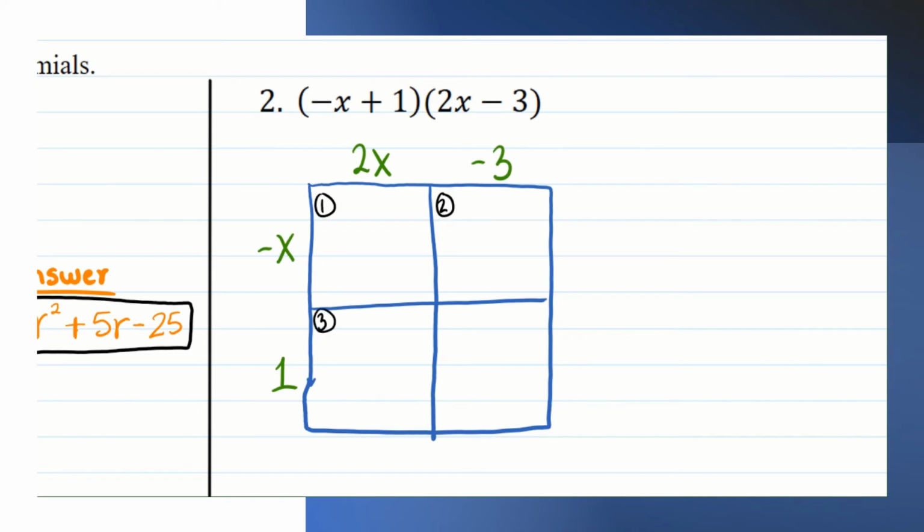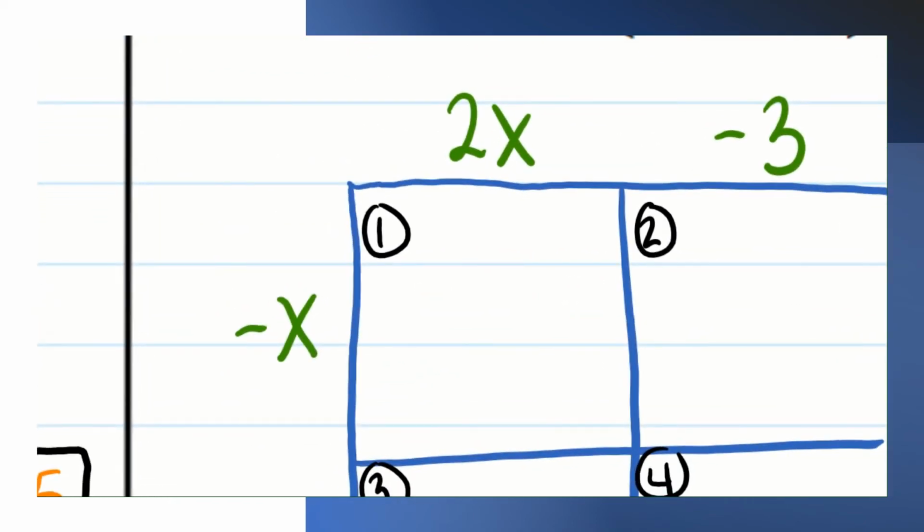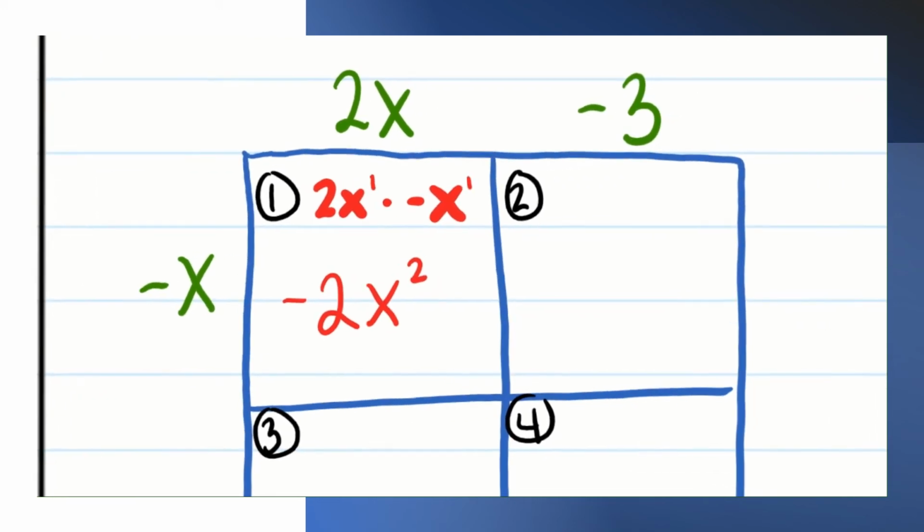Let's zoom into box 1. Box 1, remember, is the top times the side. In this case, 2x times negative x. Same scenario, we have x times x, so we get x squared. Usually your box number 1 will be your variable squared, usually, not all the time.